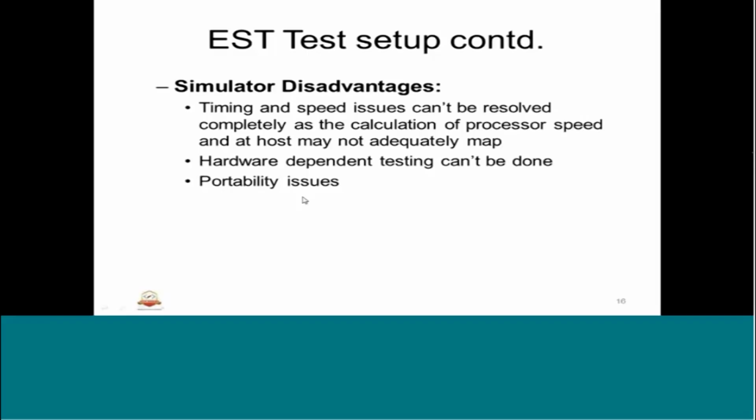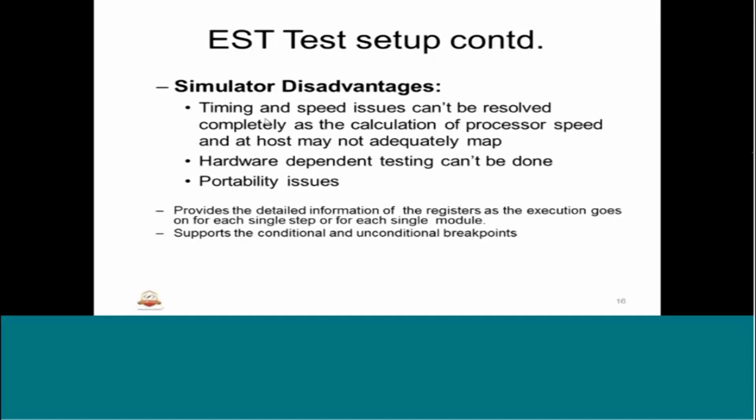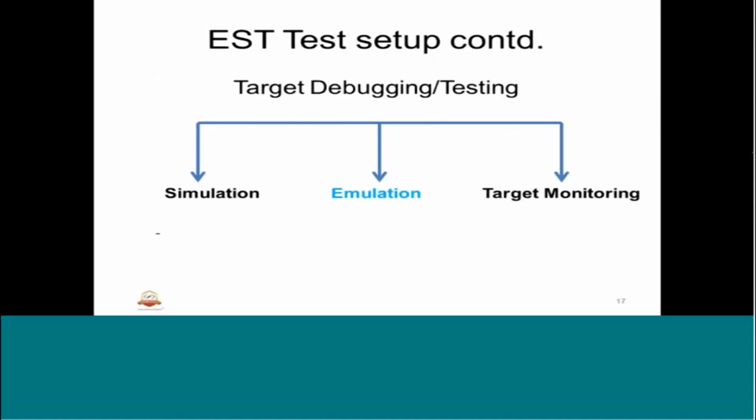But there are some issues, especially with endianness, accessing the memory, and big endian and little endian format issues. Definitely there are a few things where a simulator lags. That is about the simulator, and we go to emulation next. That is the next technique, which actually uses the end target.